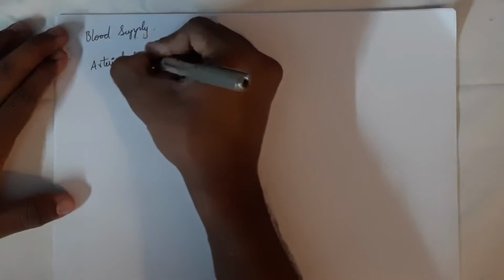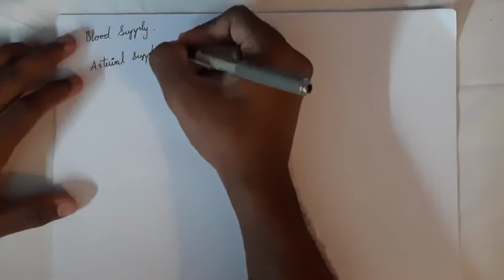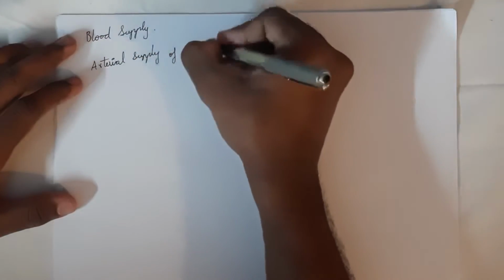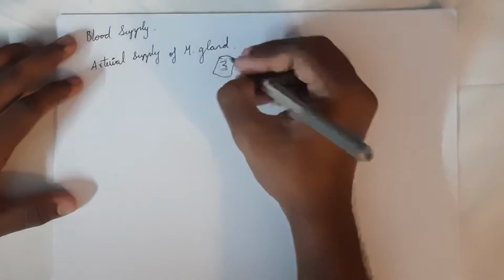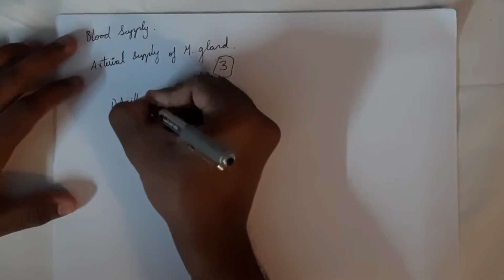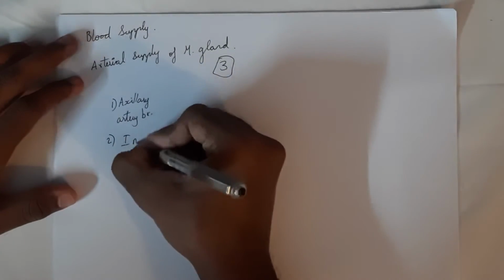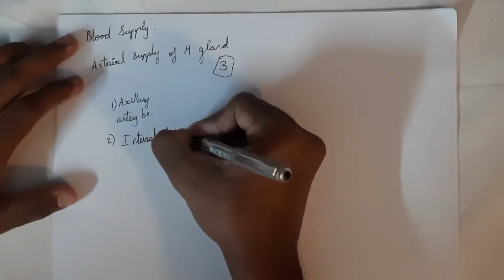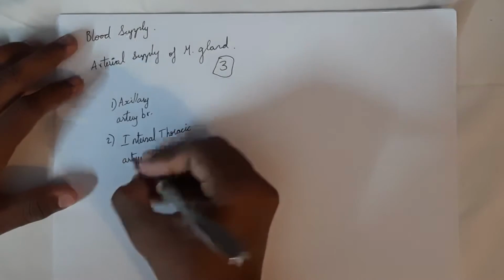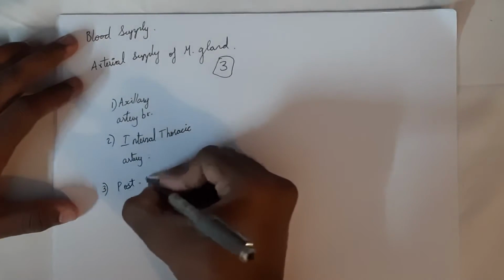And moving on to the blood supply now. The arterial supply of the mammary gland: first, we have three arteries. The axillary artery branches, the internal thoracic artery, and 3, the posterior intercostal arteries.